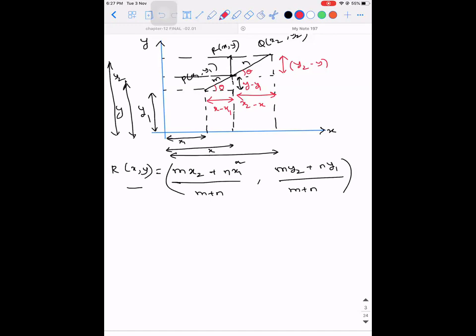Look at the way I'm going to take points. If I take this as A, B, R, this is C. So if I take the triangle RBA, what is sine theta from it?